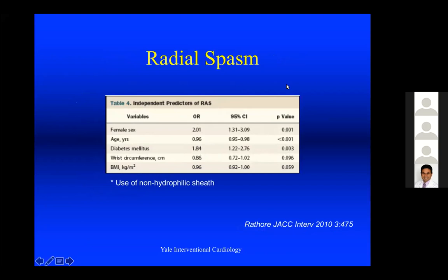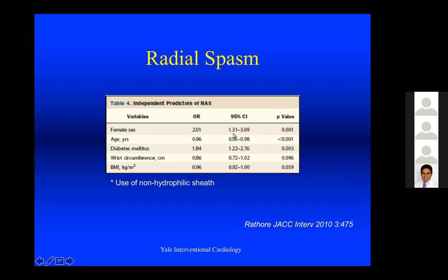Radial spasm. It's very important to understand there's radial spasm, and then there's resistance due to tortuosity and sometimes even atherosclerotic disease. The things that predict spasm are female gender and diabetes.